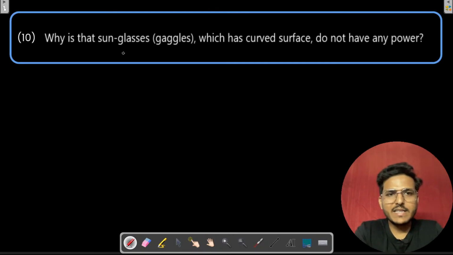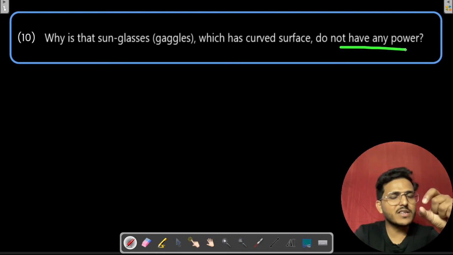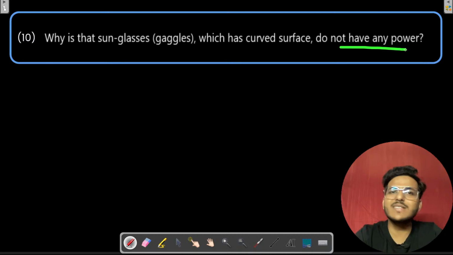Now, why do sunglasses goggles which have curved surfaces not have any power? If the curved glasses have power 0, that means the only situation is P equals P1 plus P2, the first lens having positive power P and the second one having negative P, so that P1 plus P2 is 0.